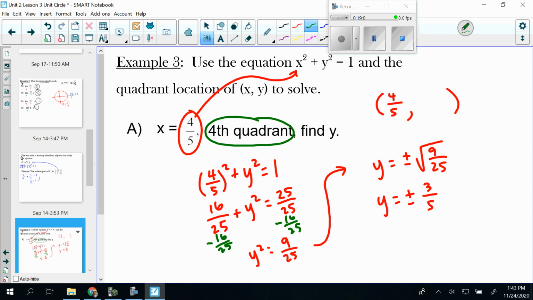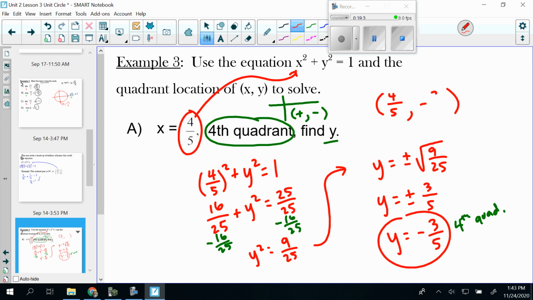Remember, anything in the fourth quadrant, that's down here, means our x value is positive and our y value comes out negative. And if we're finding that y value, we do want to use the negative one. So y is going to end up being negative 3/5 because it's fourth quadrant. That would be our ordered pair there.